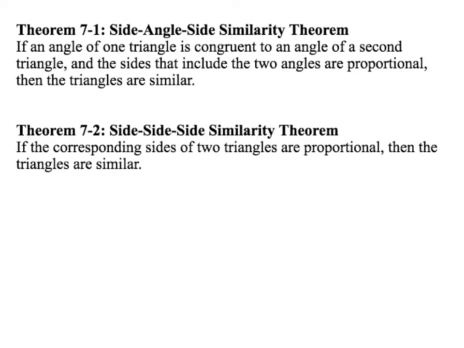We have two theorems. The side-angle-side similarity theorem, so SAS similarity, is similar to side-angle-side congruence, except instead of the two sides being exactly the same, the two are going to be proportional.